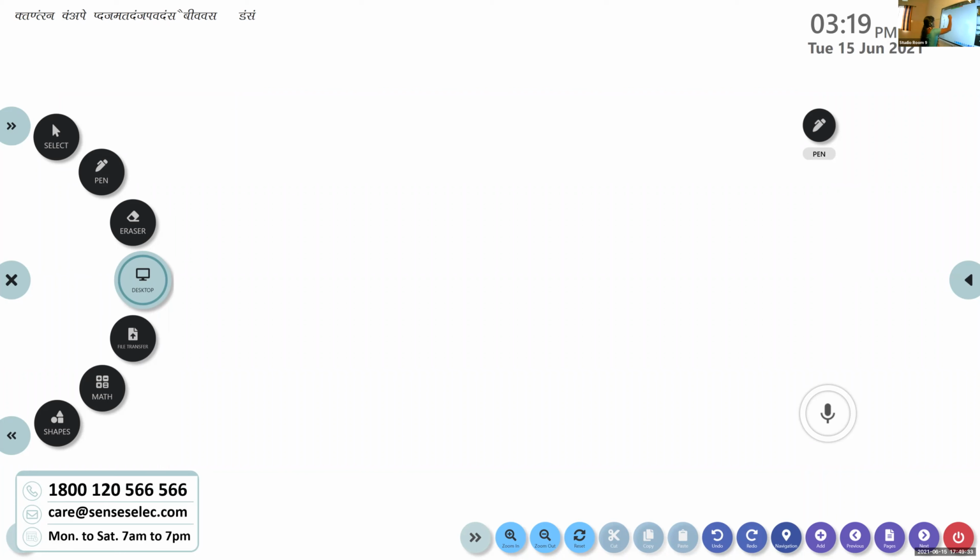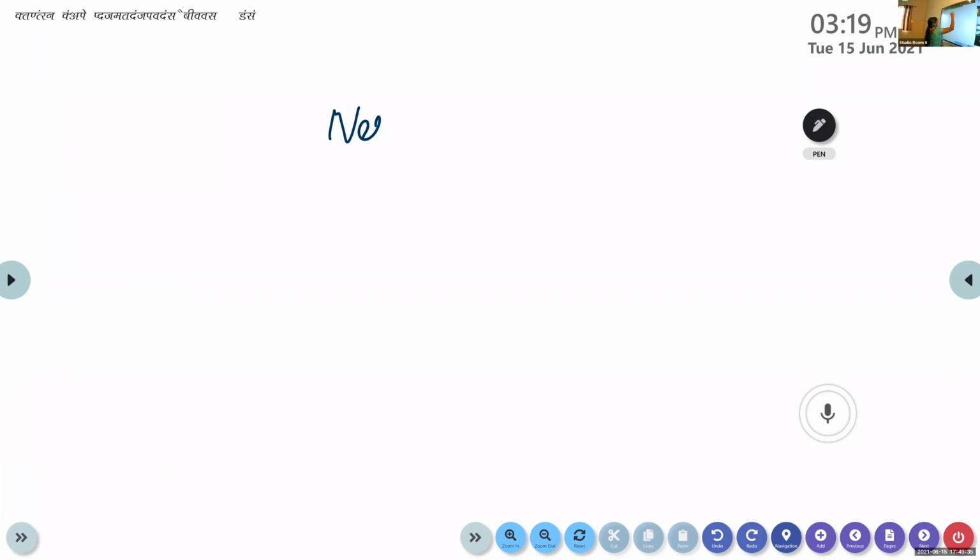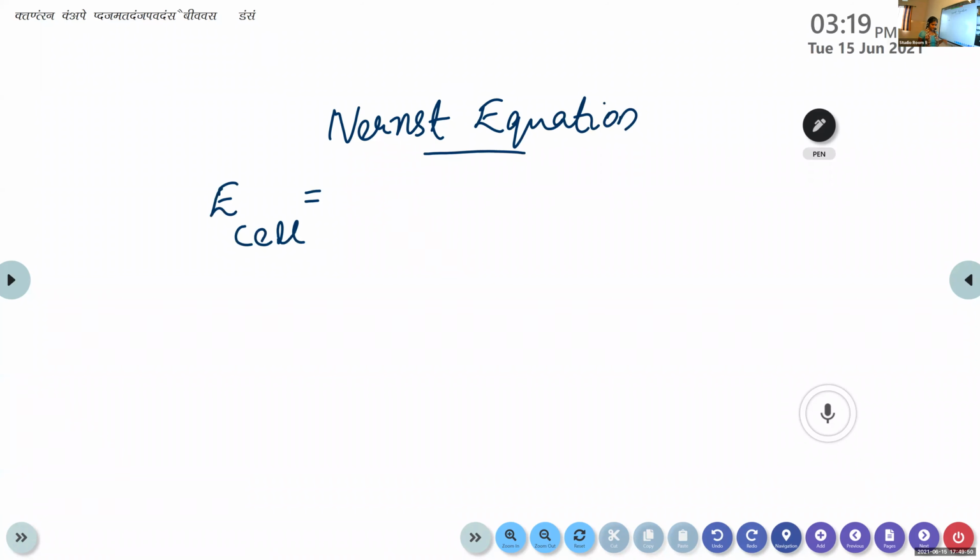Okay, you can write the Nernst equation. E cell is equal to E° cell minus RT by nF.